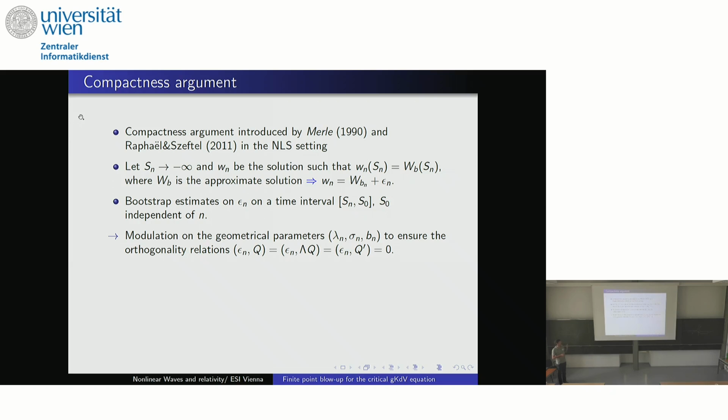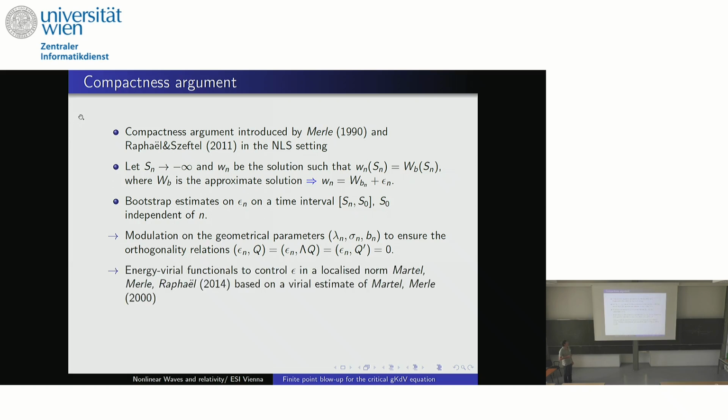So you need 3 parameters to modulate. And the second is to use energy virial functionals to control epsilon in a localized norm. This was already introduced in the work of Martel, Merle and Raphael, and it's based on the virial estimate, but a more refined virial estimate that I commented on earlier.